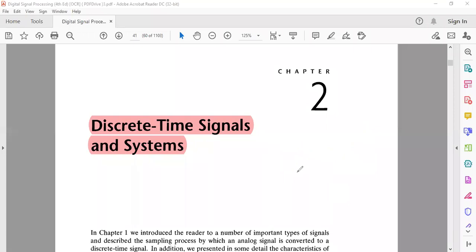Great. We now come to that time when sampled signals become important. When you sample a signal, it becomes a discrete time signal. Okay? We have 2 types of signals.